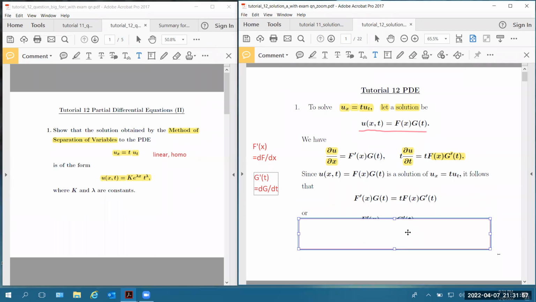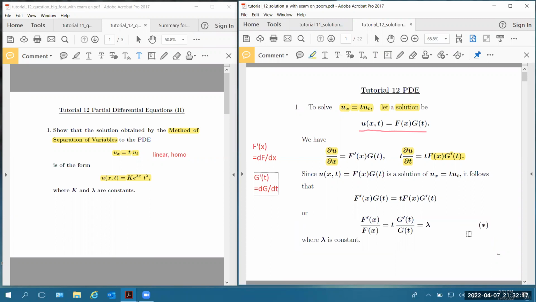Then the next step is, now you got your equation here. What you're going to do now is put all the t terms on one side, all the x terms on one side. You can just divide here, divide there, and separate them.